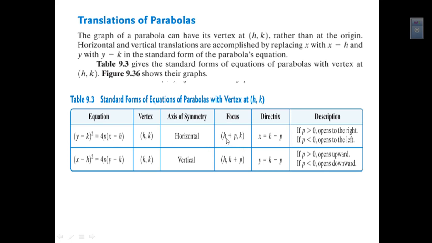So the focus is (h plus p, k) if it opens horizontally. I'm not moving up and down, I'm moving left and right, and then the directrix is going to be at x equals h minus p. And the same thing applies if it opens vertically. Don't make it more complicated than it has to be. Just find the new base from where you're starting and build from there.